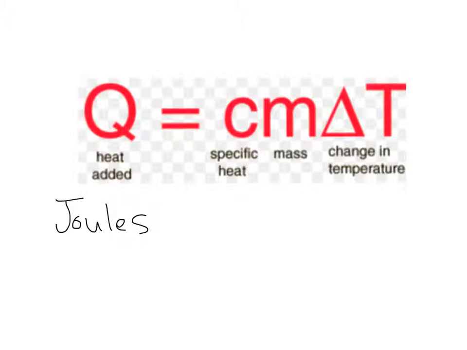Specific heat is the amount of energy it takes, remember, to heat something up by 1 degree Celsius, 1 gram of it by 1 degree Celsius. So the units of specific heat are joules per gram times a degree Celsius. Those are really odd units.